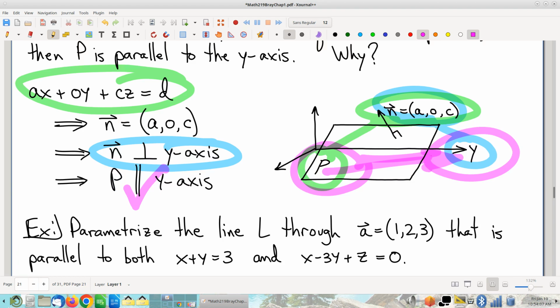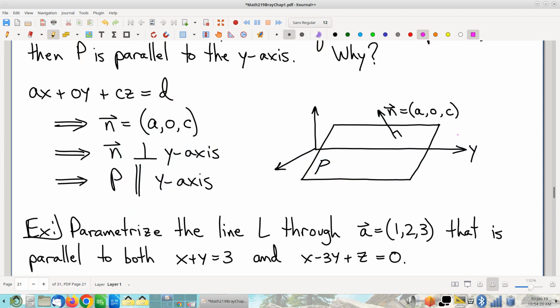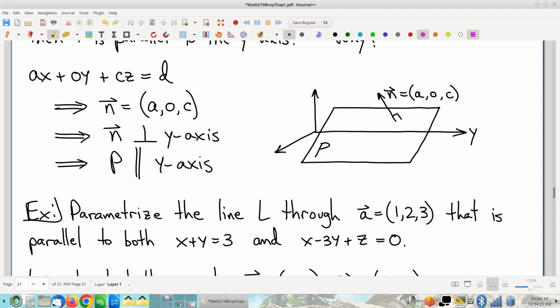So this is an example of what I'm calling a transitivity argument. I know the green relationship, I know the blue relationship, therefore I get the purple relationship. Okay, fine. And that works. There's nothing wrong with that.